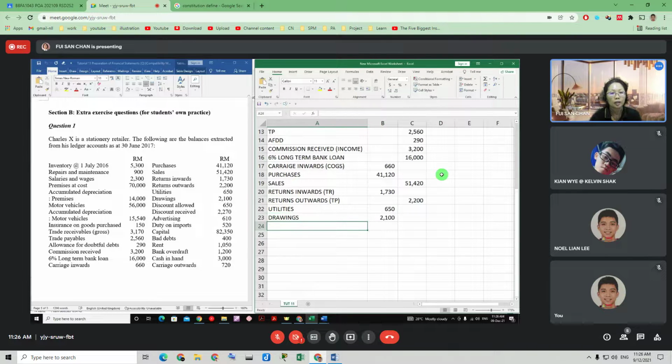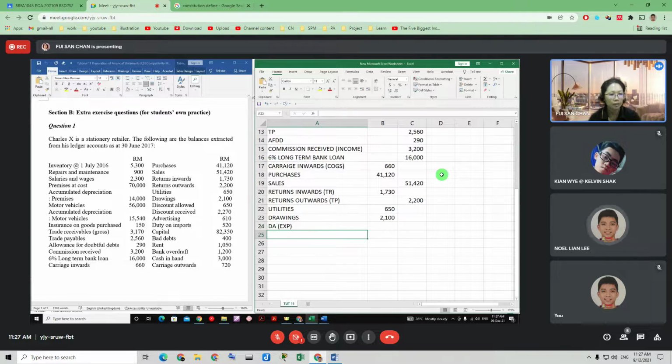How about discount allowed? Debit or credit? Discount allowed is expense or income? Expense. Yes, discount allowed is an expense.